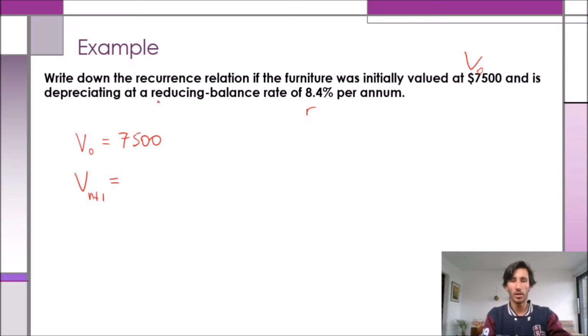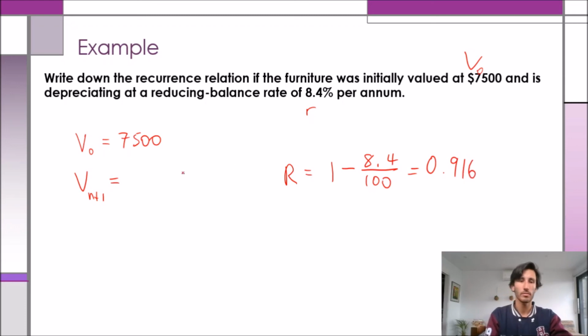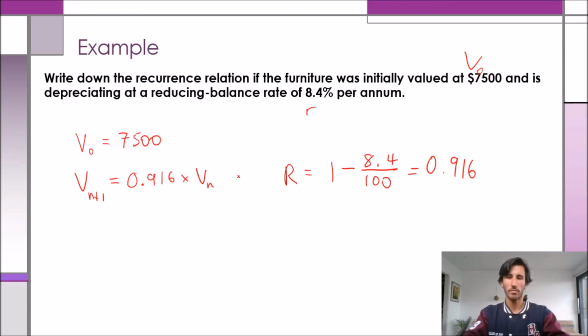Now, we know we're looking at reducing balance, so we have to calculate an R, capital R. And this is going to be 1 minus, because it's reducing balance, 1 minus 8.4 over 100. Remember, little r over 100, which ends up being 0.916. And therefore, our recurrence relation is 0.916 times Vn.